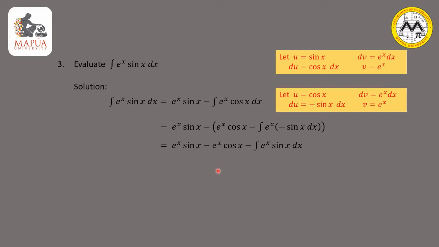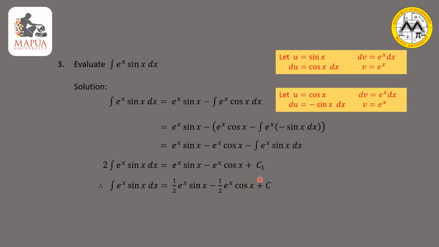Now, at this point, we see again the integral of e to the x sine of x dx, which is the integral that we are originally evaluating. So what do we do at this point? We simply combine similar terms together, grouping this with the left member expression to give us the integral of e to the x sine of x dx to equal what is given on the right, e to the x sine x minus e to the x cosine of x plus an arbitrary constant c sub 1.